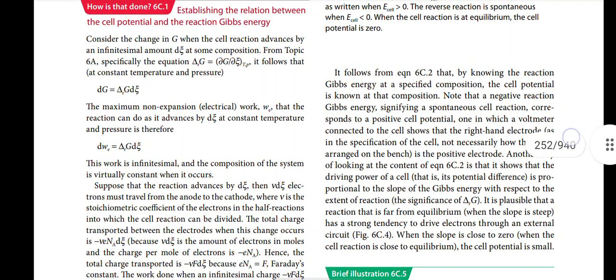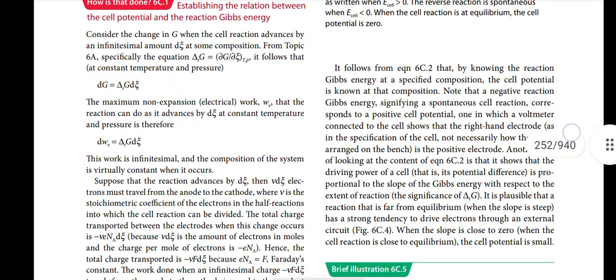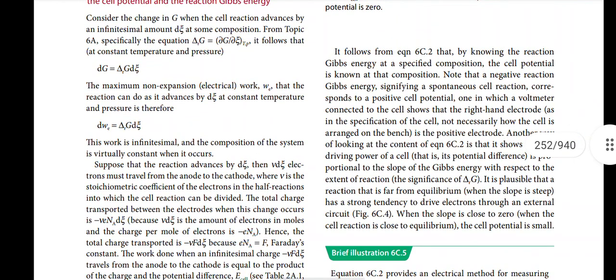Establishing the relation between the cell potential and the reaction Gibbs energy. Consider the change in G when the cell reaction advances by an infinitesimal amount at some composition. From topic 6A, specifically the equation delta r G is equal to del G by del xi.